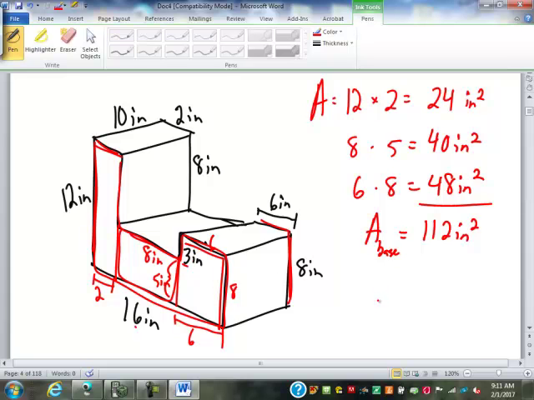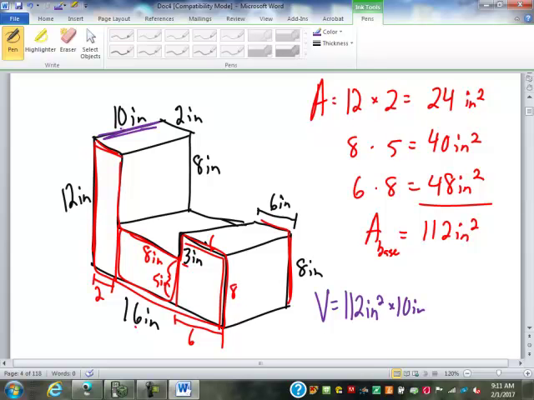Everybody follow that? I know I went a little fast. So to find my volume, the area of that base, 112 inches squared. Now, I made my height 10 inches on all these just because it makes this next calculation easy. So times the 10 inches. It may not necessarily be a height, it's the distance that the base was moved to create the object. Distance from the base on one side to the base on the opposite side, to the back side.